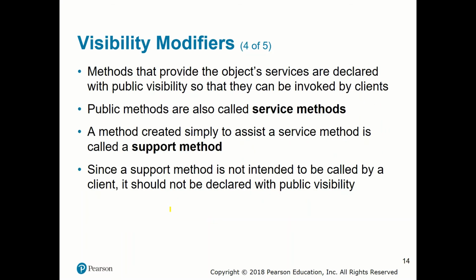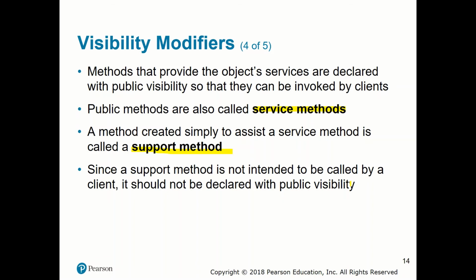Methods that provide the object services are declared with public visibility so that they can be invoked by clients. Public methods are also called service methods. A method created simply to assist a service method is called a support method. Since a support method is not intended to be called by a client, it should not be declared with public visibility.